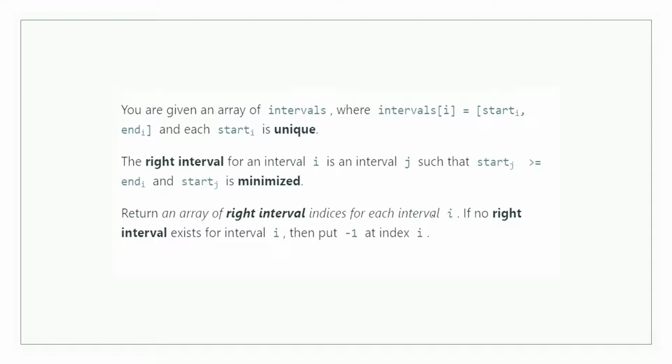So if we are given an interval array of size 4, then we have to return an array of size 4, and each index represents the index of the right interval for that particular interval. And if for a particular interval there is no right interval in the given array, then we just put -1 at that index.